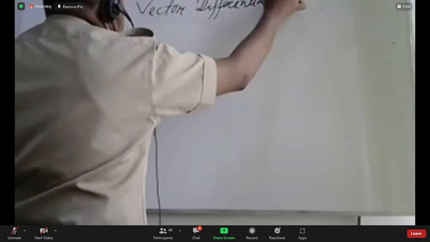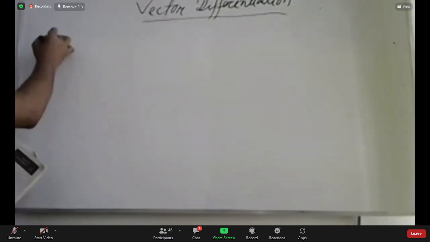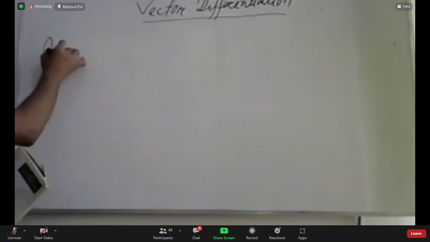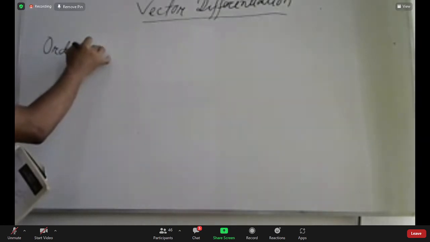This is vector differentiation. Now the ordinary. Do you see the board?